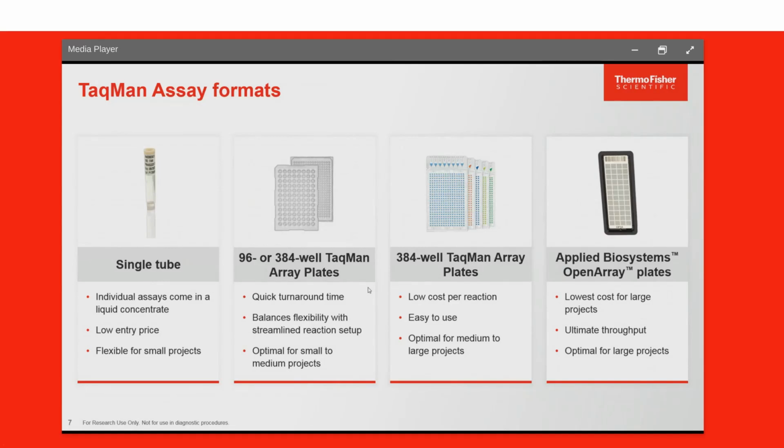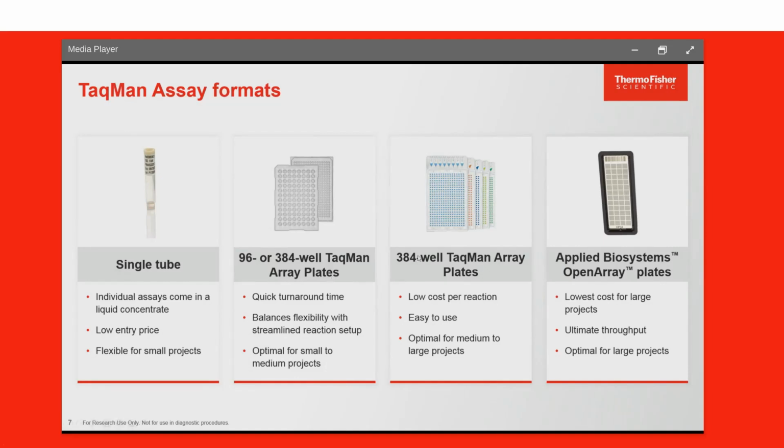This allows for higher throughput in your lab, ease of execution, and is really useful for a production environment. But because of the configuration of these 96 or 384 well TaqMan array plates, you don't lose the flexibility to test any specific number of targets, any specific number of genes of interest that you're interested in.